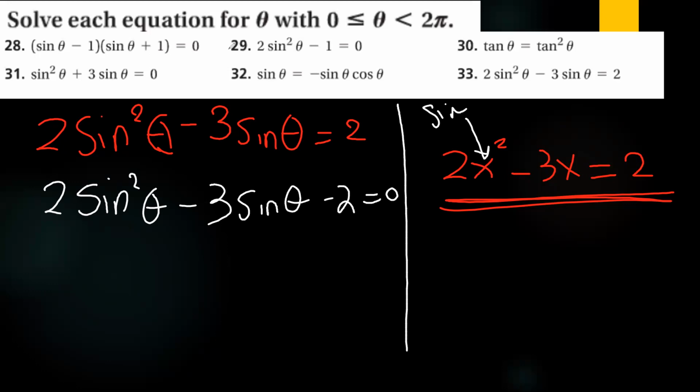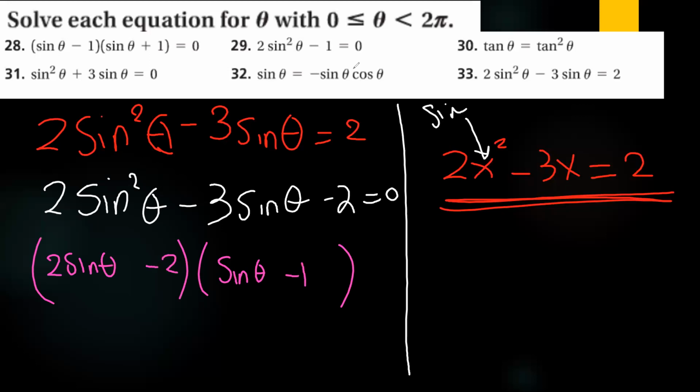Now let's open 2 brackets: 2 sine of theta, and sine of theta. Now we need numbers whose product is negative 2 and the sign between them is negative. So let's say it's negative 2, negative 1. So negative 2 sine theta, minus 1.